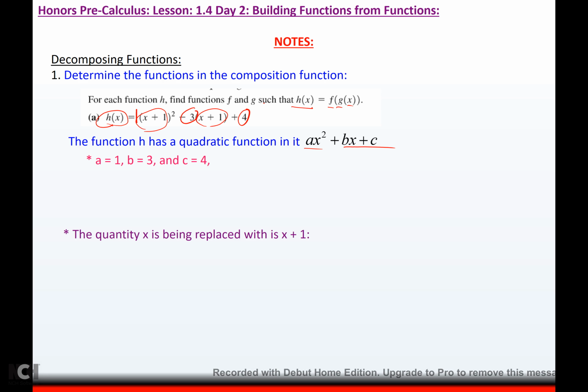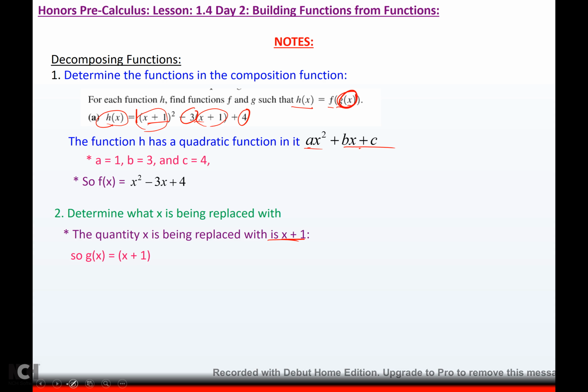So you determine what x is being replaced with. Normally these are just x's. But the quantity that x is being replaced with is x plus 1, right? So then g of x has to be whatever's inside parentheses. This is whatever is in parentheses in your function, pretty much.